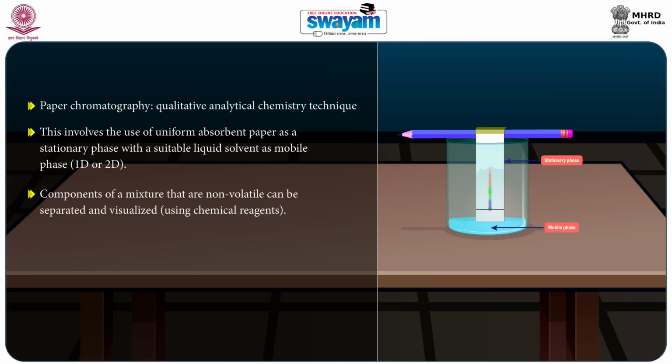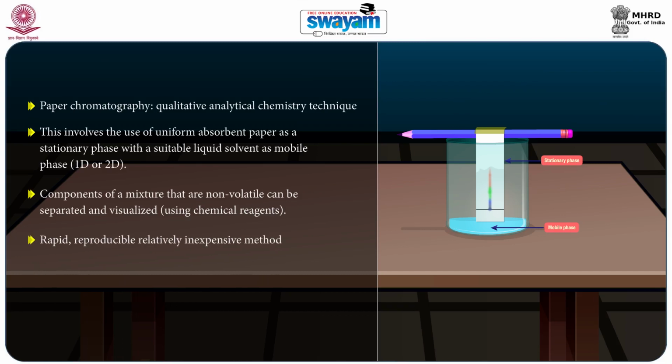So, a simple schematic is shown in this slide, which shows that paper chromatography essentially separates mixtures using a solvent, such as water, that carries a solute, such as ink, which is being illustrated in the schematic, up a strip of paper. And eventually, when the paper chromatography experiment is over, from the point of application to the end of the strip of paper, you can see that the dye has separated into three different components: the yellow, the red, and the blue.